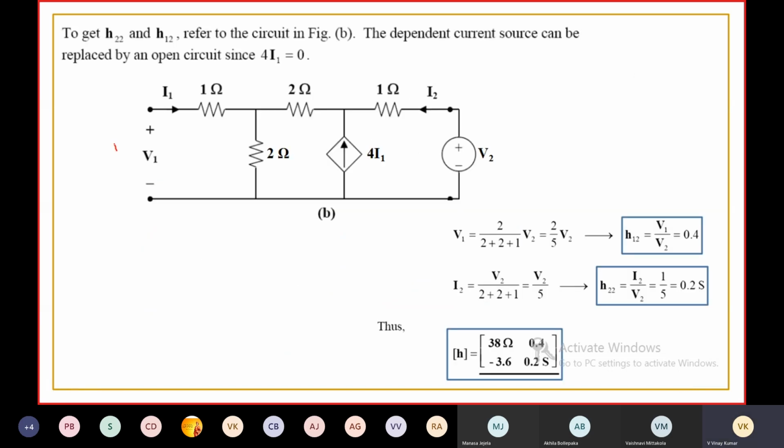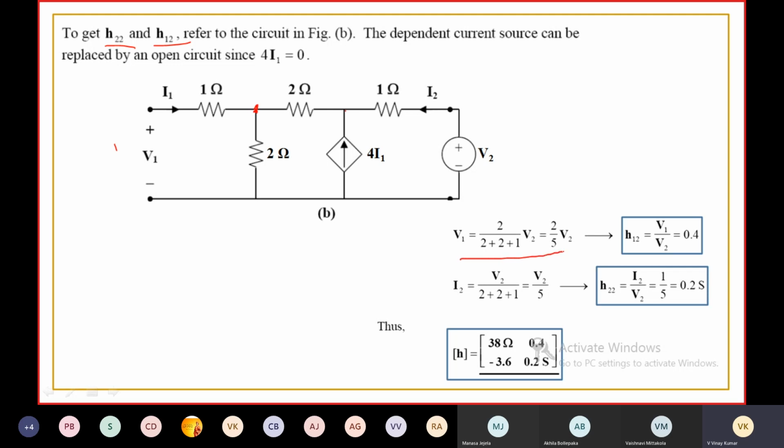Similarly, by open circuiting port 1, we can get H22 and H12. Now you apply KCL at this node. By using node analysis or any other methods, you will get the ratio V1 to V2.